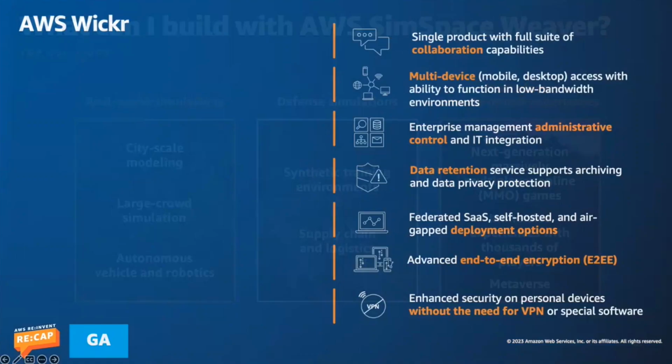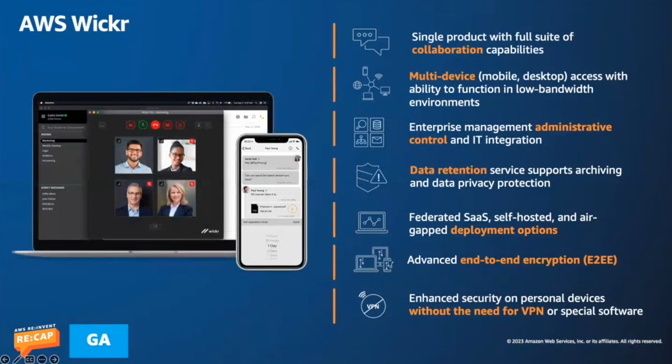And last but not least, we now have a collaboration service which allows privacy and security of Teams voice and video calls and file sharing, and serves as a service available within the AWS console that goes by the name of AWS Wickr.